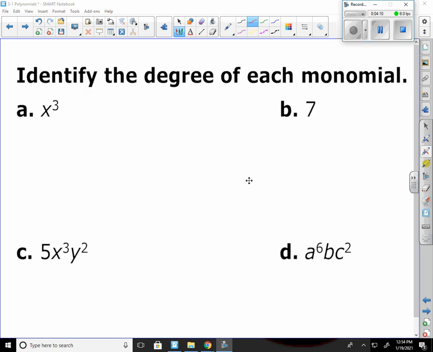Okay, now I want you to take a few minutes here and try to identify the degree of each one of these. So the first one would be 3, because that's our exponent. The second one would be 0, because there is no variable.